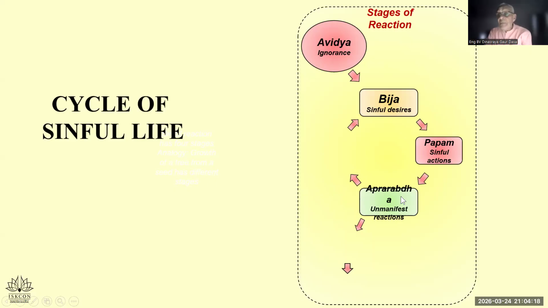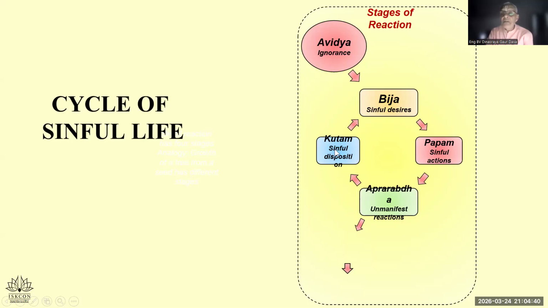And then the reaction to their karma or sinful activities is not manifested in the same life. But when it is not manifested, it remains as a sinful disposition. Here it was desire, here is a disposition which is called kutam.